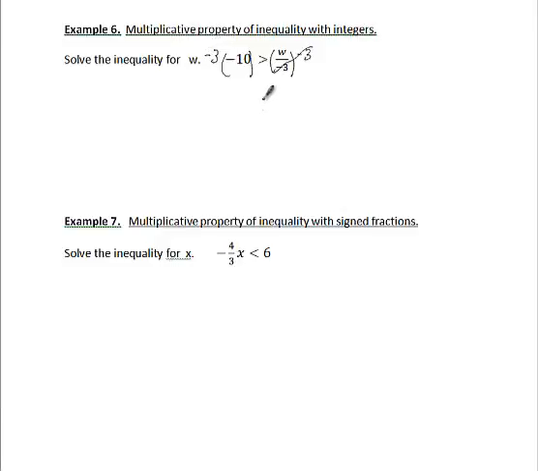Then we flip the inequality symbol on the next line. The -3's on the right canceled, and so we bring the W down, and on the left, -3 times a -10 is a +30. So anything, any number greater than, okay, the inequality symbol opens up towards the W. So W is greater than 30. Okay, any number greater than 30 will satisfy the original inequality.